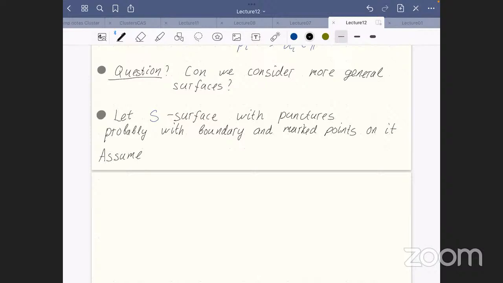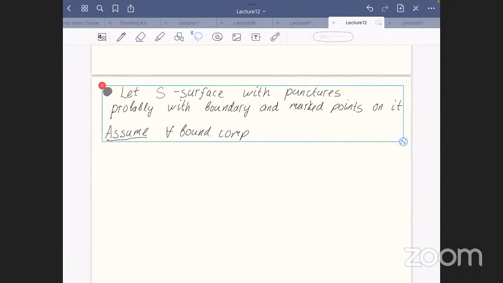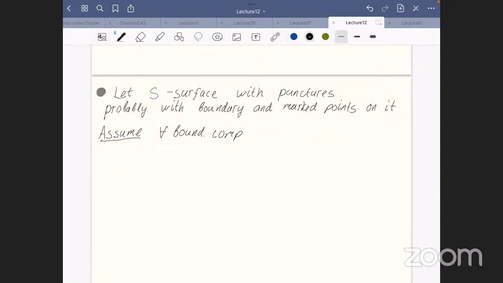We assume that any boundary component has at least one marked point, and the overall number of marked points and number of punctures is greater than or equal to 1.